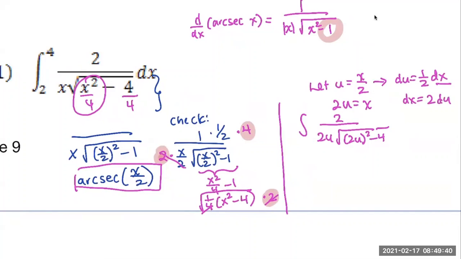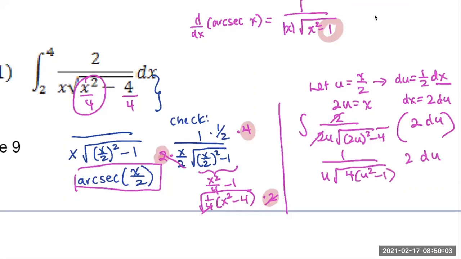So now if I replace my dx with 2 du, I notice that this 2 and this 2 cancel out. And once again, we have the expression at the bottom. Inside the radical, if I square everything out, I get 4u squared minus 4, or factor out the 4, u squared minus 1. The square root of 4 happens to be 2, and that's going to cancel the 2 that is part of the du.